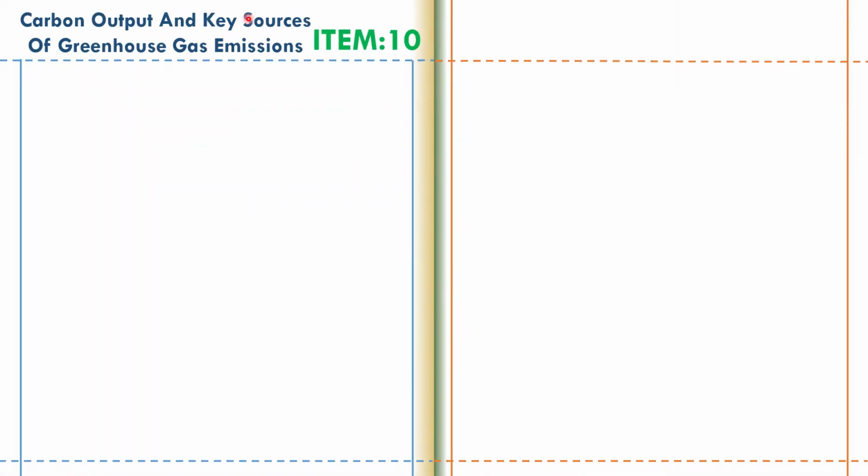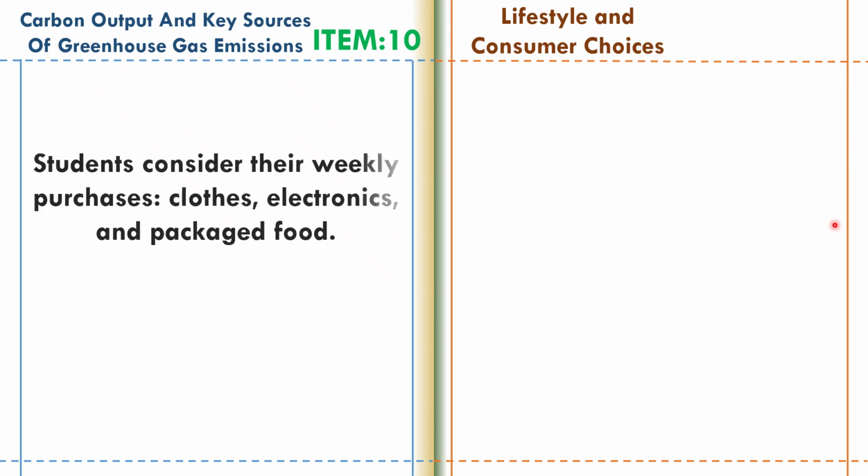Carbon output and key sources of greenhouse gas emission, item 10. Let's look at lifestyle and consumer choices. Students consider their weekly purchases: clothes, electronics, and packaged food.